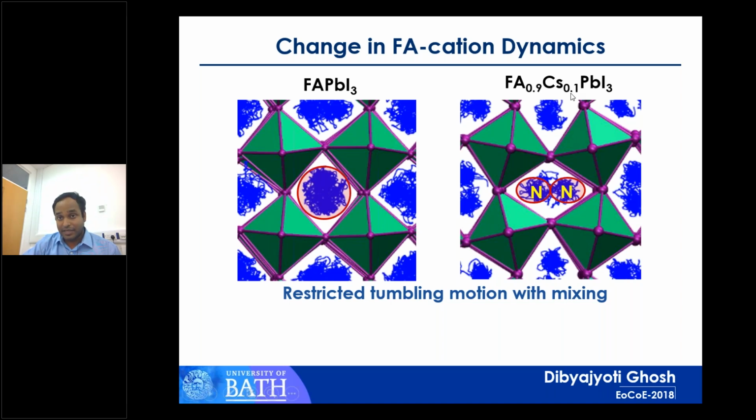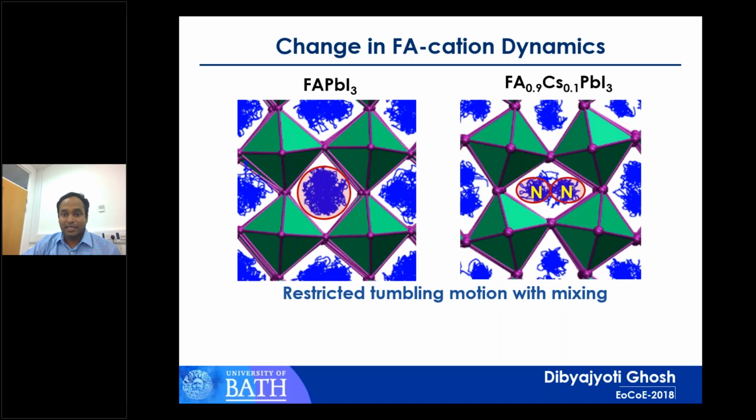But when we have cation mixing, we can see the cage is distorted, and it forces the FA cations to be oriented in a particular orientation, and because of that, you can see this sphere becomes a kind of two lobes where the nitrogen atoms spend most of the time.